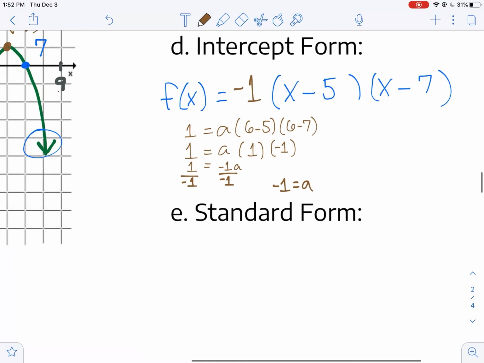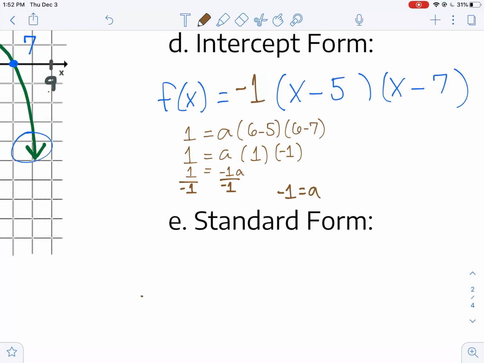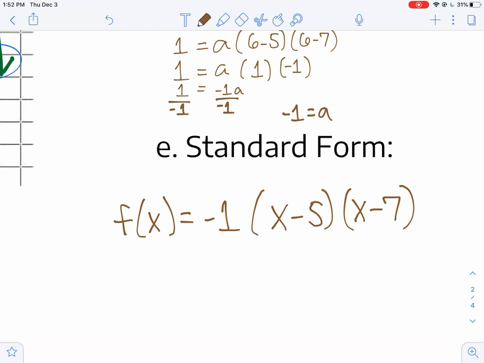Now for standard form, all you got to do is multiply this out. f of x equals negative 1 times x minus 5 times x minus 7. I'm going to multiply it out. You have a few options here; this is the way I'm opting to go.